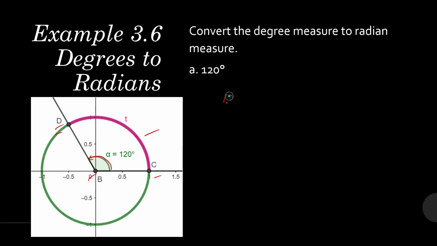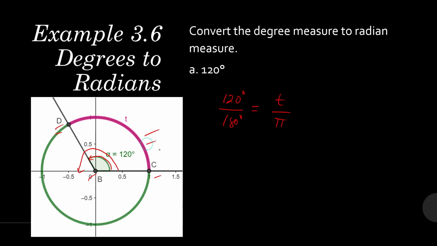The ratio of 120 degrees to the straight angle, 180 degrees. So the straight angle is this. That is 180 degrees. So the ratio of 120 degrees to 180 degrees is equal to the ratio of t to pi. Why is that?